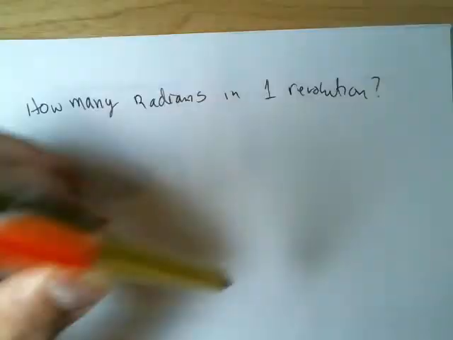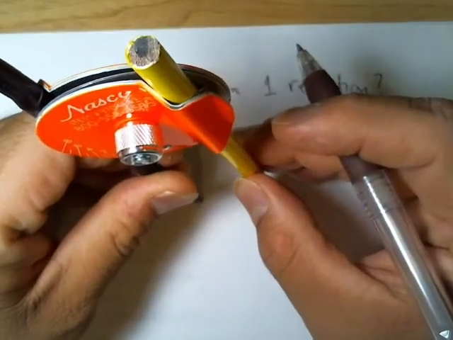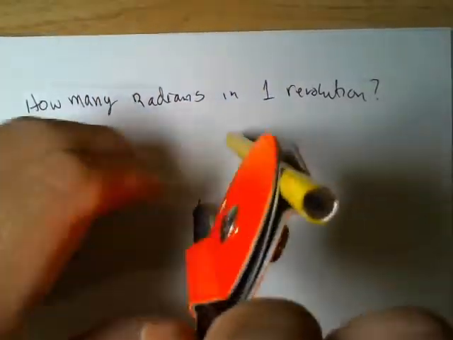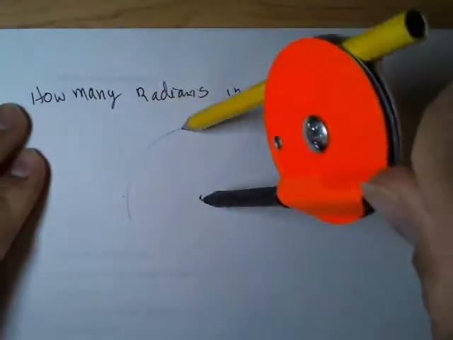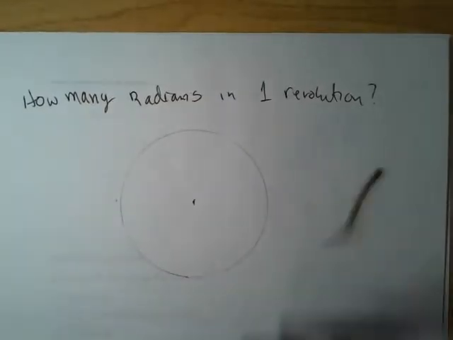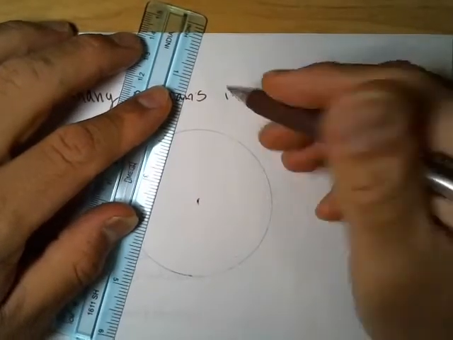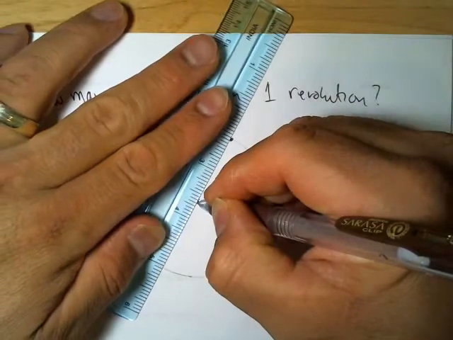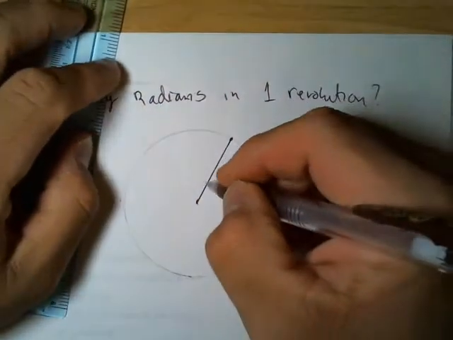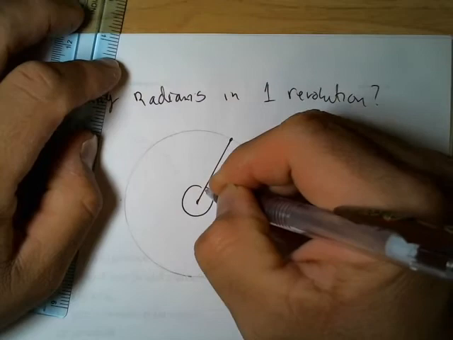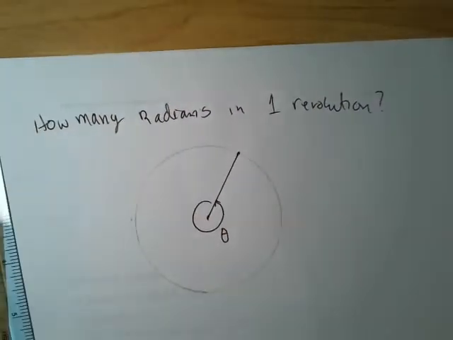Let's say we had a circle, and we want to describe one full rotation.